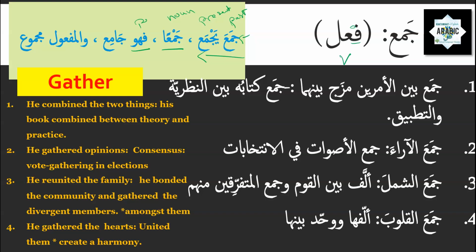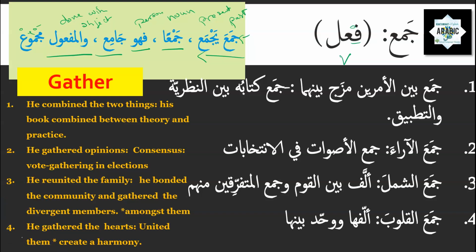The person is جامع. He gathers. He's the one who performs the gathering action. And then we have al-maf'ul, done with it or by it, and this is an object, and it means majmu', gathered.